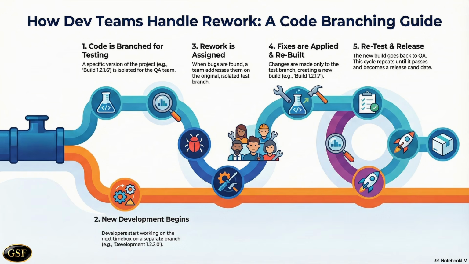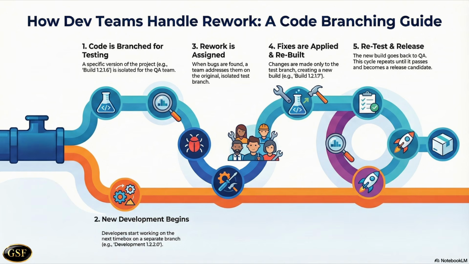VMS systems differ in just how they handle this, but the basics are as follows. When the version of the product was passed to testing, all the files of all the deliverables that were used to produce the project at that point in time are grouped together to allow them to be singularly identified. This can be referred to as branching, and this branch of the code is labelled, for example, build version 1.2.1.6.